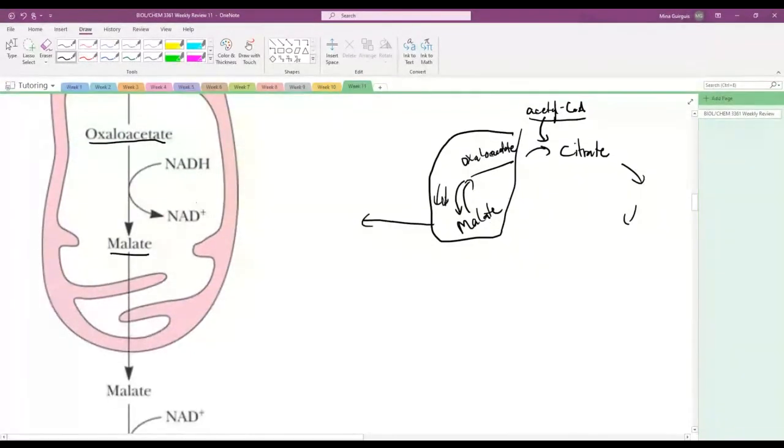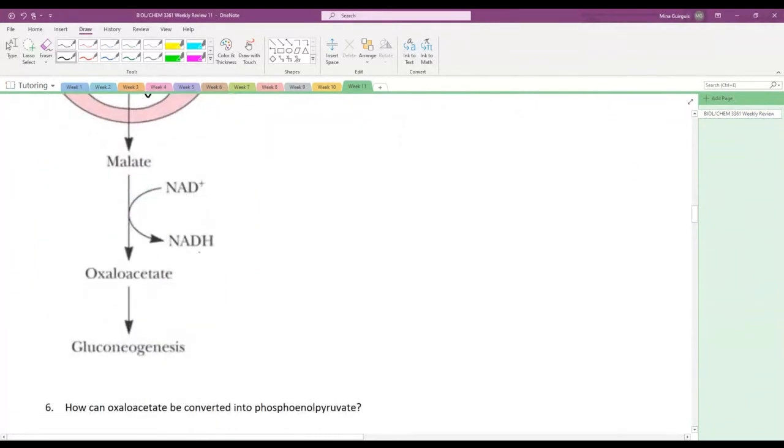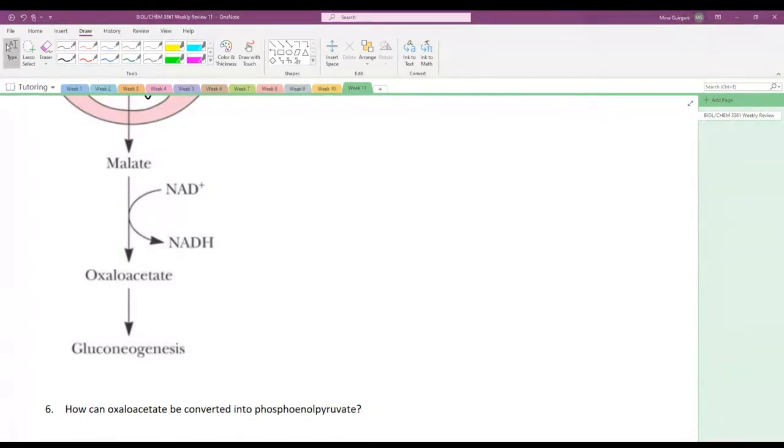Malate can be kicked out of the mitochondria, reform oxaloacetate, and then be able to undergo gluconeogenesis and be converted by PEP carboxykinase. Yes, pyruvate carboxykinase. Apologies, no, I'm sorry, PEP carboxykinase. I always get those two mixed up. I apologize.